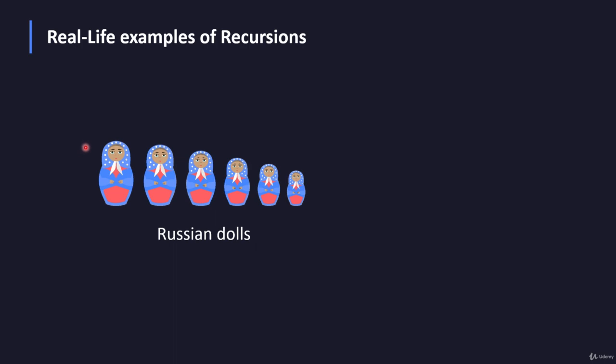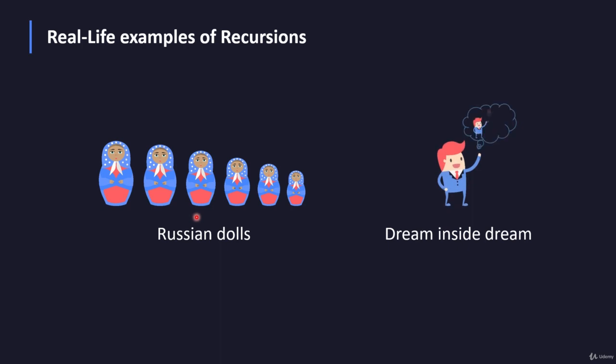So we have the bigger problem and we also have some smaller problems until we reach some trivial solution where we cannot divide it any further, and we know that, okay, now we have 1, and let's build our way up, okay? And a second option is like a dream inside a dream.